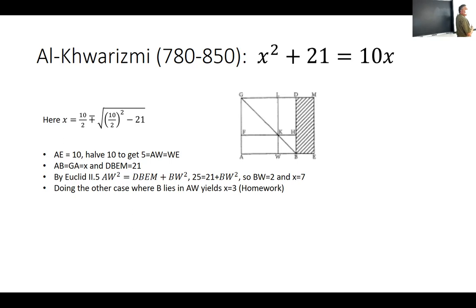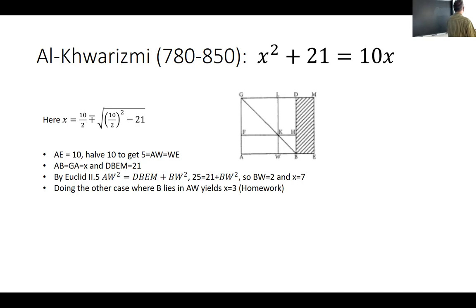Because this is what happens from the quadratic formula. So we halve AE at W, and so this is 5 then. Okay? This AB is going to be our x. So this is what we're trying to find. And this rectangle here is our 21.